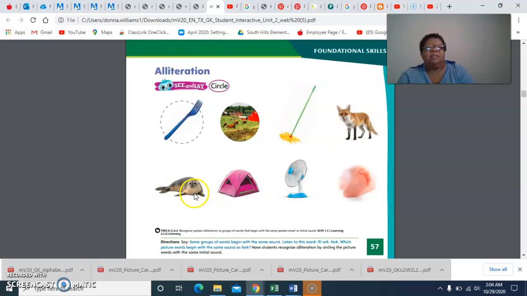Then you have seal, tent, fan, footprint. So say each picture and circle the ones that have the sound, like in F or the letter F. So the kids, they picked the pictures quickly today, and they picked farm, fox, fan, foot.